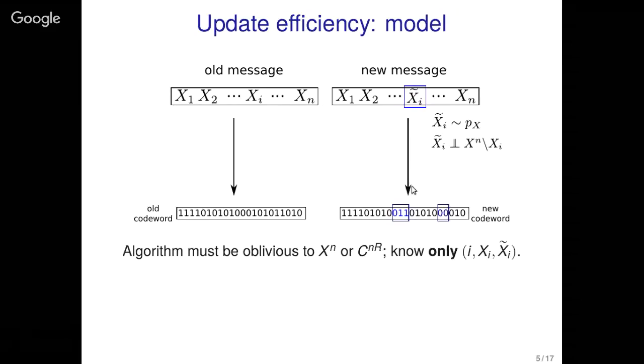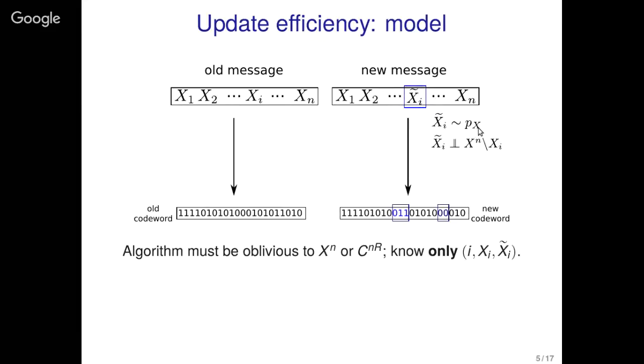The model that we use for updates is the following. If we are given an i, which file to update, we replace xi with the new symbol xi tilde, which is statistically independent of all the other symbols, and also it is distributed according to P_X.